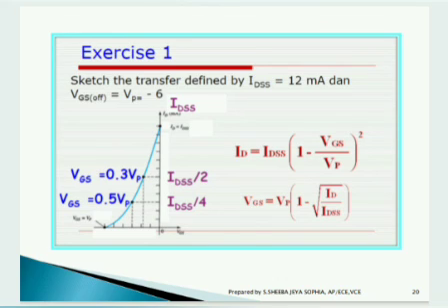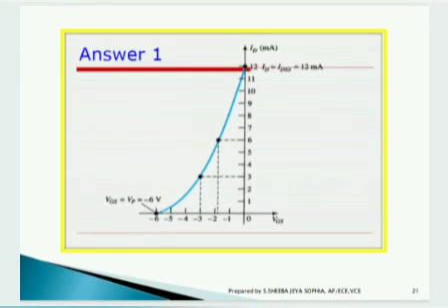So after finding these values, I am drawing the diagram which is asked. They asked to draw the transfer characteristics, so it is drawn as VGS versus ID in milliamps. I am choosing different values of ID like 1 milliamp, 2 milliamps, 3 milliamps, finding the values of VGS, and marking the pinch off voltage accordingly.